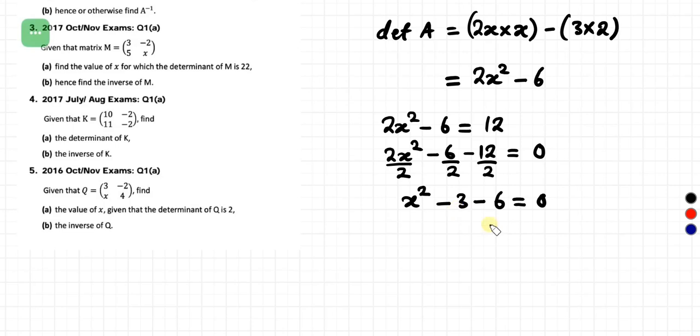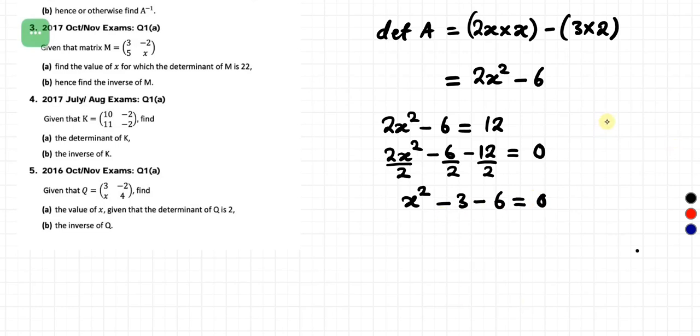Those are the two numbers that we are going to look at. Here, the product is negative 6, and the sum is negative 3.